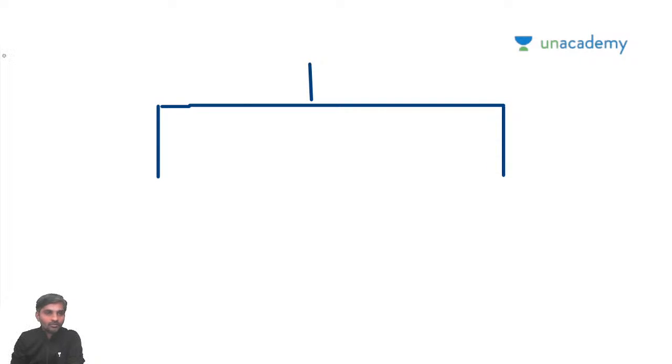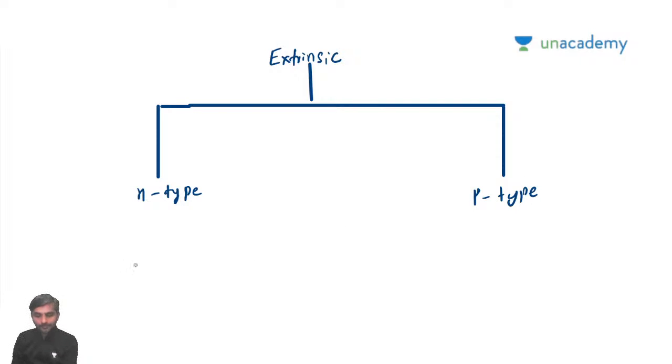That is why I am drawing this. This is the extrinsic semiconductor. Here you will have N type, and this is called P type.